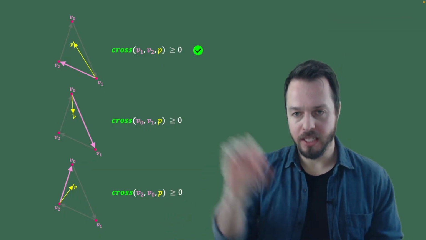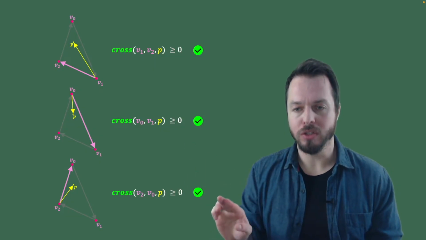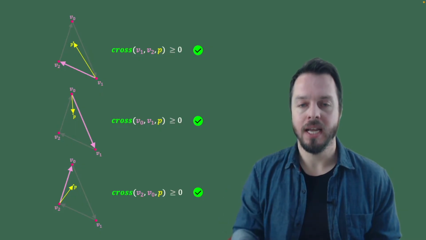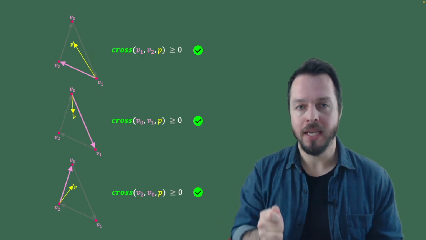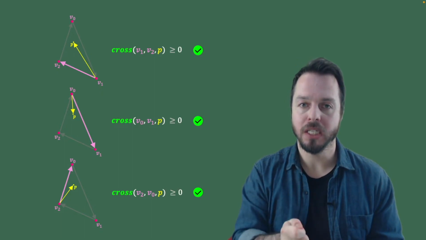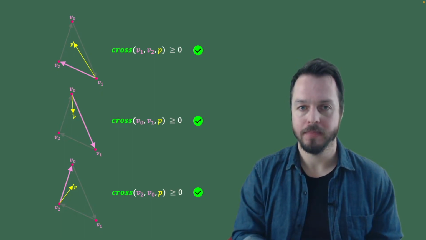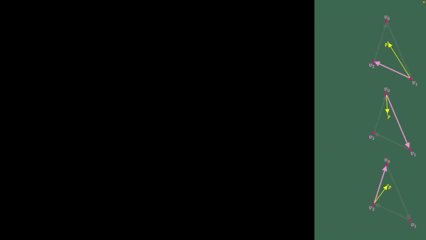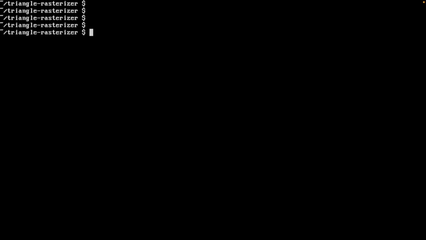If all this is true, and this is true, and this is also true, these 3 things need to be true. If this is satisfied, we have point P inside the triangle. We can go and we can paint that pixel with the color that we want. This is it, right? So let's just go ahead and look at our source code.